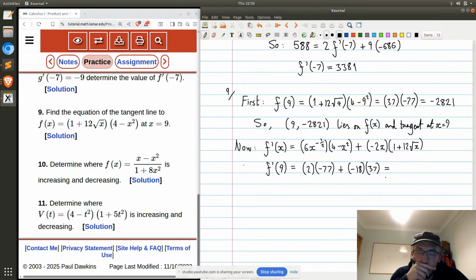And then we compute this. Better not risk it. Minus 820.